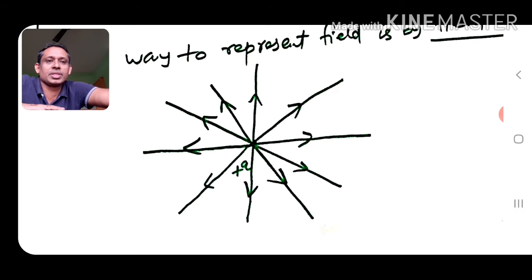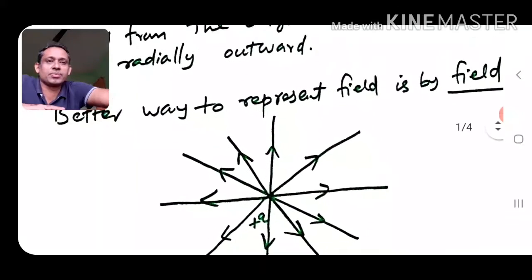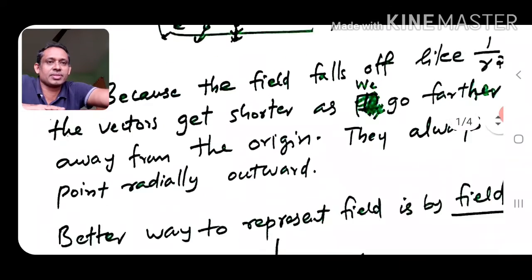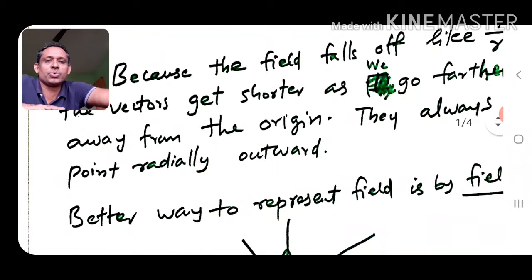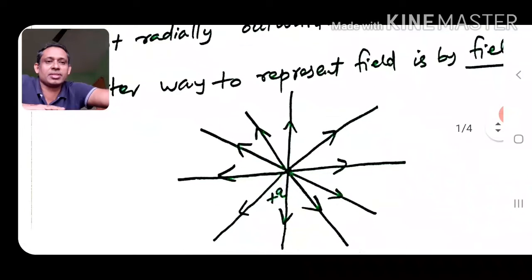Here, instead of representing the field using vectors or arrows which become shorter as we move farther away from the origin, we have lines with arrows showing the direction of the electric field.